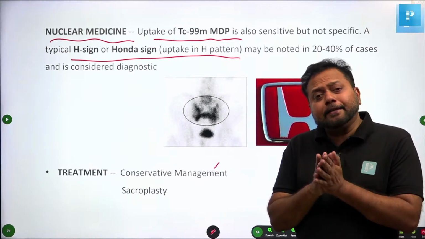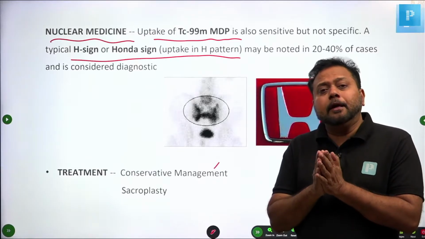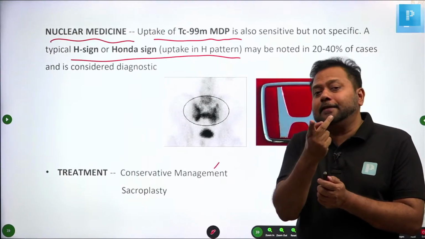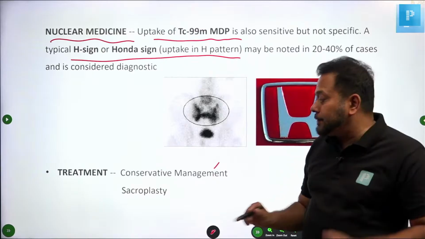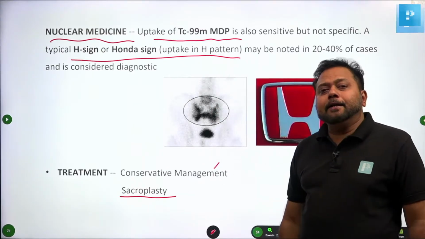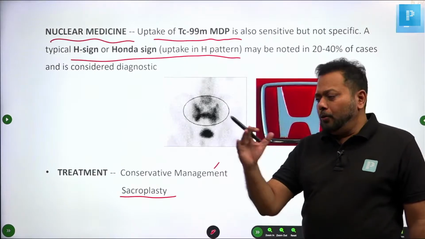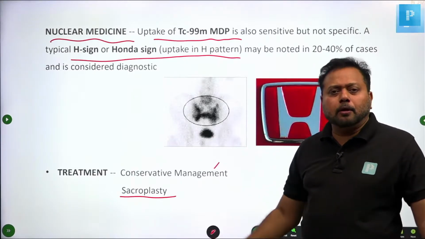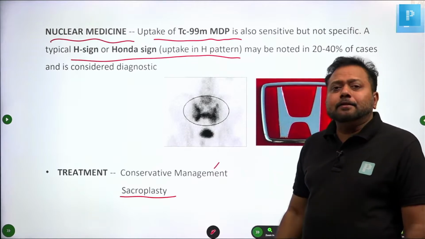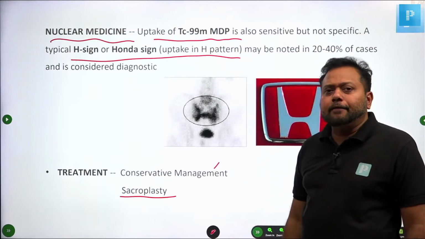In very severe cases, where severe collapse of the sacrum has happened and the anatomy is altered, you have to reconstruct the sacrum, and that is called sacroplasty. So most cases can be managed conservatively: bed rest, non-steroidal anti-inflammatory drugs with vitamin D and calcium. That's all. Whatever book you read, these are the salient points about sacral insufficiency fractures.